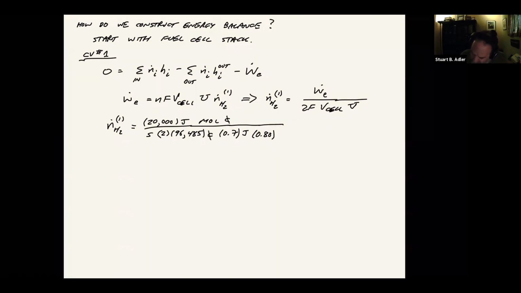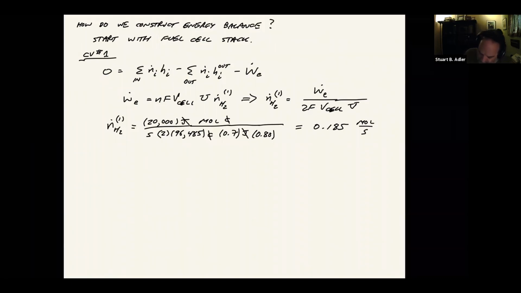Coulombs cancel, joules cancel, and we get 0.185 moles per second. So that's the hydrogen that's flowing in. That's constrained already by mass balance. The rest we have to work out by material balance and or energy balance.